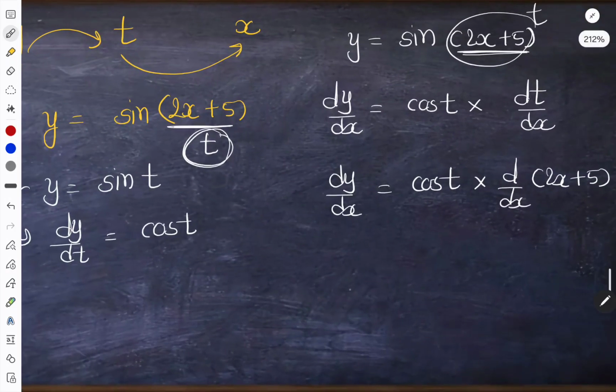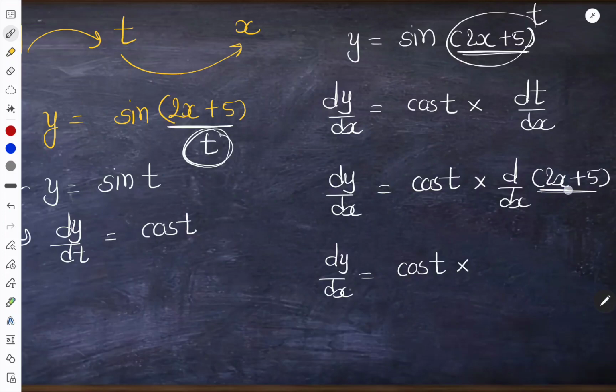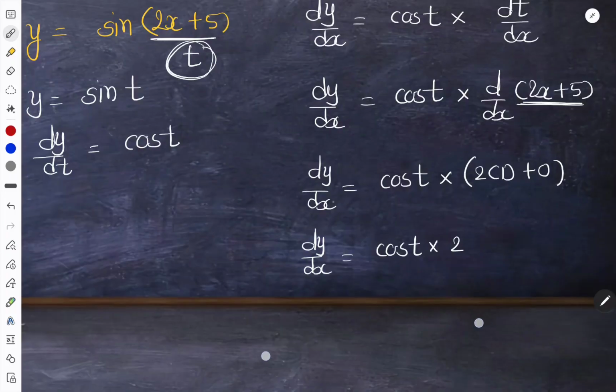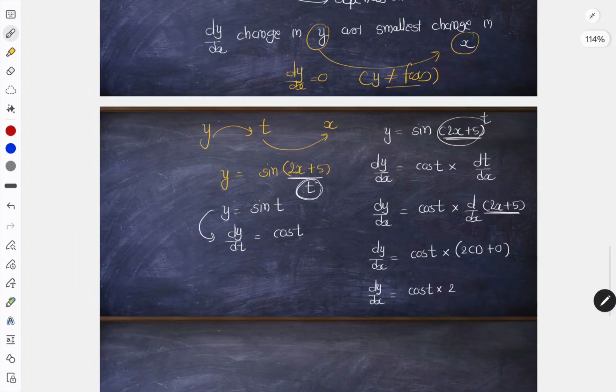So dy by dx is equal to cos t into its differentiation, you know the formula, 2 into 1 plus 0. I hope you got it. Okay.